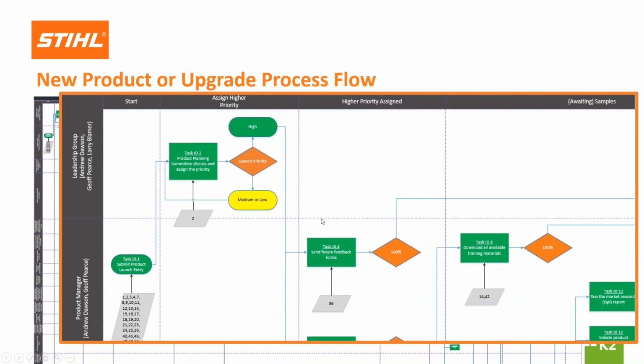This diagram also helped us understand what data fields and data inputs we need to capture so that we could design the form. So let's take a look at some of the screenshots of the views and forms we developed.